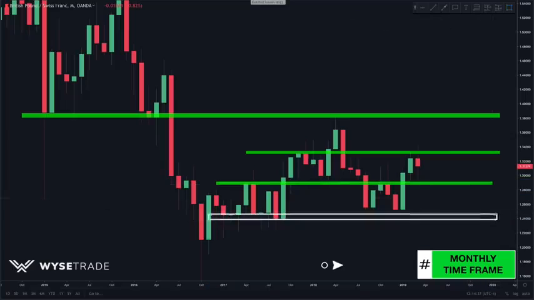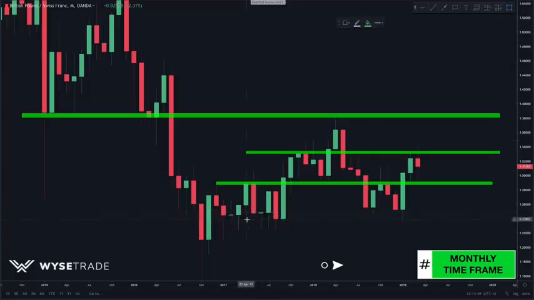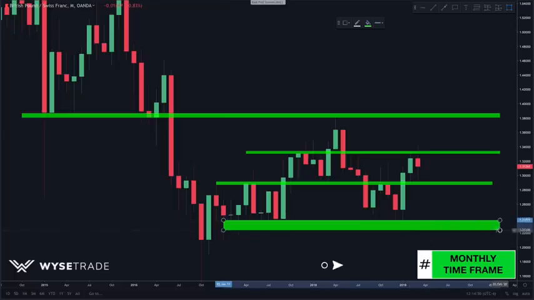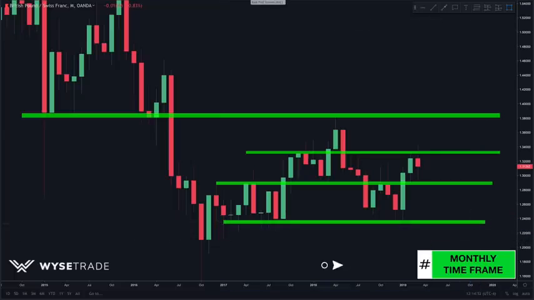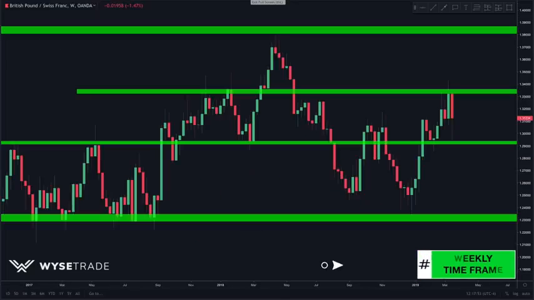And then the swing low with multiple rejections, so another level. So here we have all the monthly levels drawn in, and we jump to the weekly to further confirm these levels. Now here in the weekly time frame, you can see how the monthly levels fit in.